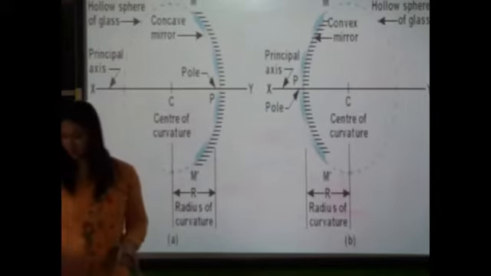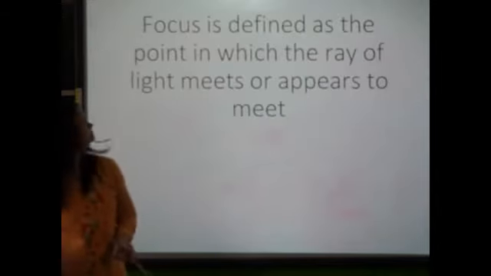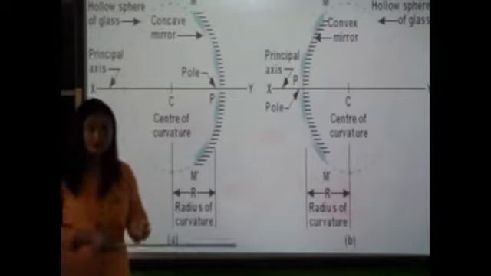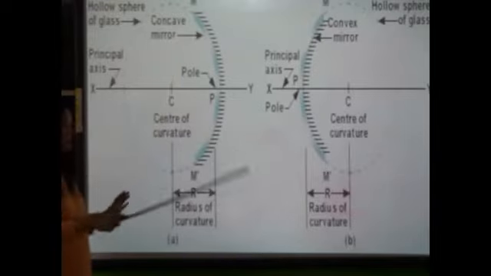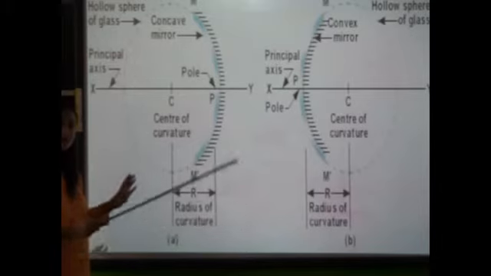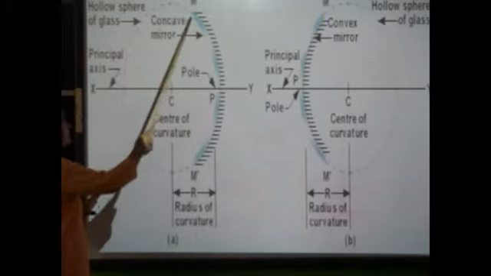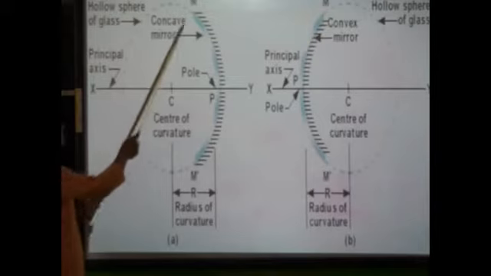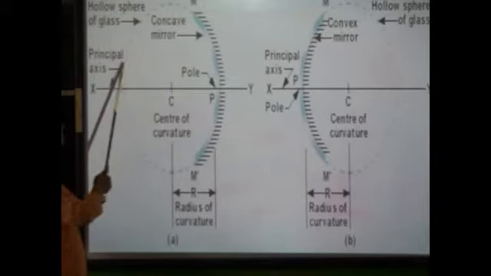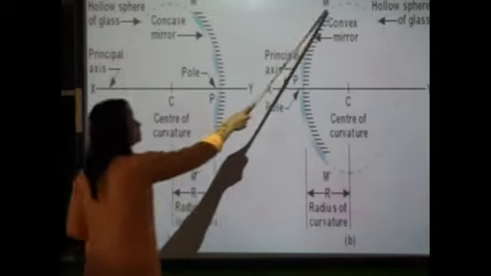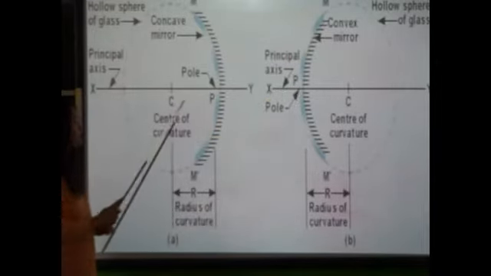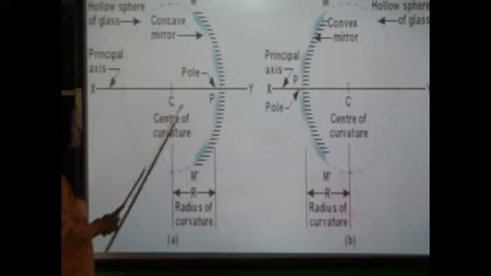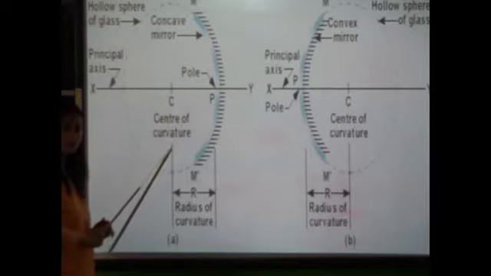Now there are certain terms which are important over here. First, concave and convex both are a part of a spherical mirror. So if you draw a dotted line, it forms a sphere. Both the mirrors form a sphere. And the center of that sphere is called the center of curvature.